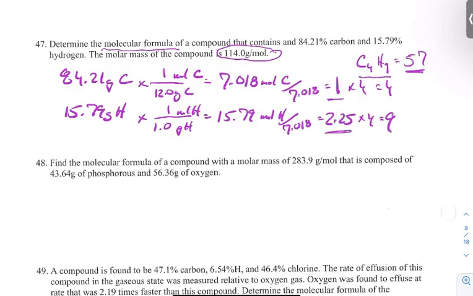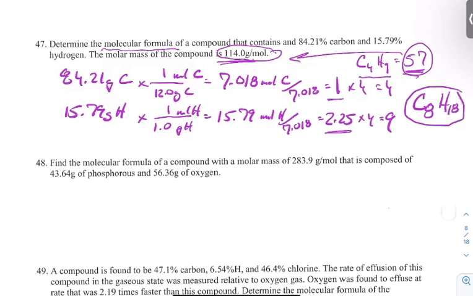So if my empirical formula mass is 57 and I know my molar mass is 114, that means my molecular formula must be twice the empirical formula. Because 57 goes into 114 2 times, my molecular formula is 2 times my empirical, so it's going to be C8H18. And that is how you can go from the raw data that we have, to the empirical, and then with one additional piece of information, go from that empirical to the molecular formula.